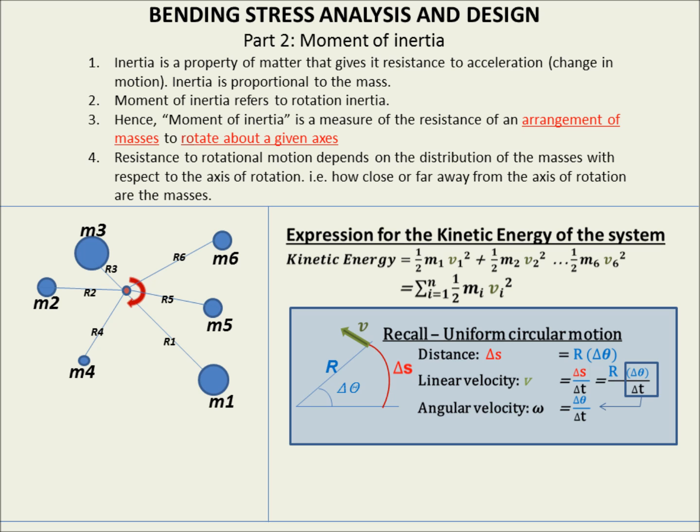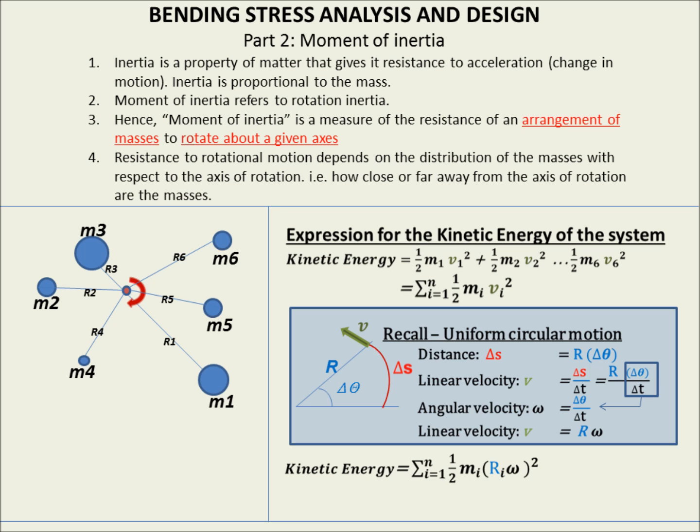So we can rewrite our linear velocity expression as r times omega, right? So again, we're going to replace in our kinetic energy expression v with r omega. So we have here summation of m r omega squared rather than v squared.